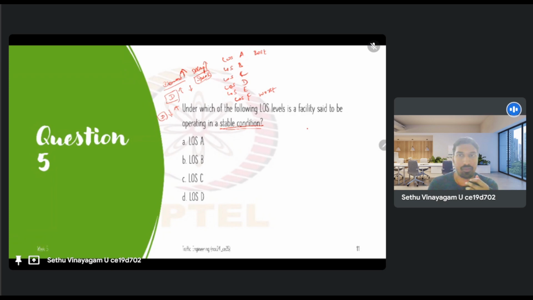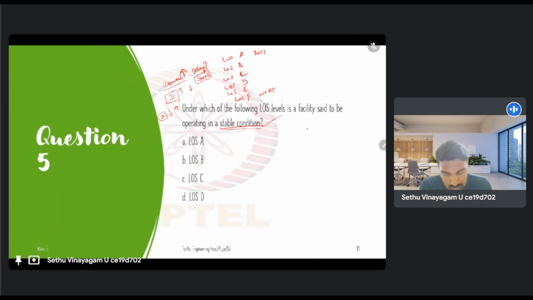If by increasing demand by, say, 50 vehicles per hour, the speed goes down by some X%, and we remove the demand by 50 vehicles per hour, we should see that X percentage decrease recovered. If that happens, then we call this a stable condition.